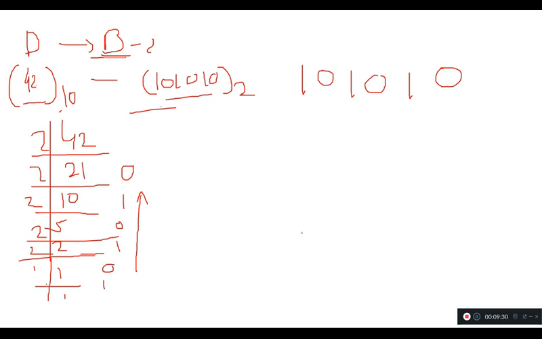So first, what we are doing is taking the number and starting from the right side to the left, this way. First is 0, which is multiplied by 2 raised to 0, starting from 0. Second is 1, with 2 raised to 1.